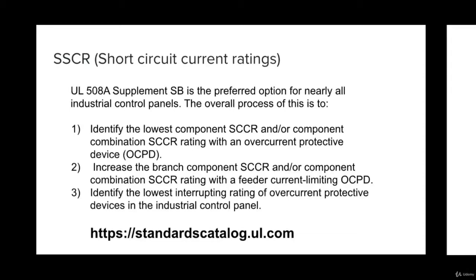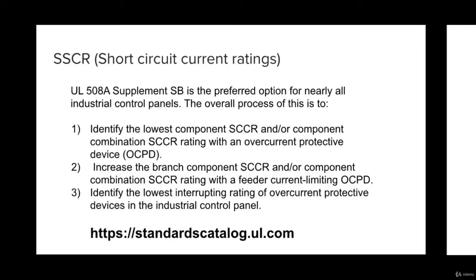The first rule is to identify the lowest component SSCR, or the component combination SSCR rating with the overcurrent protection device. So you have to find the lowest SSCR value. If you have 10 or 100 components in your industrial control panel, then you have to find the base value, or the minimum SSCR rating value. So you will know the lowest value of your SSCR which can withstand the overcurrent or short circuit current.